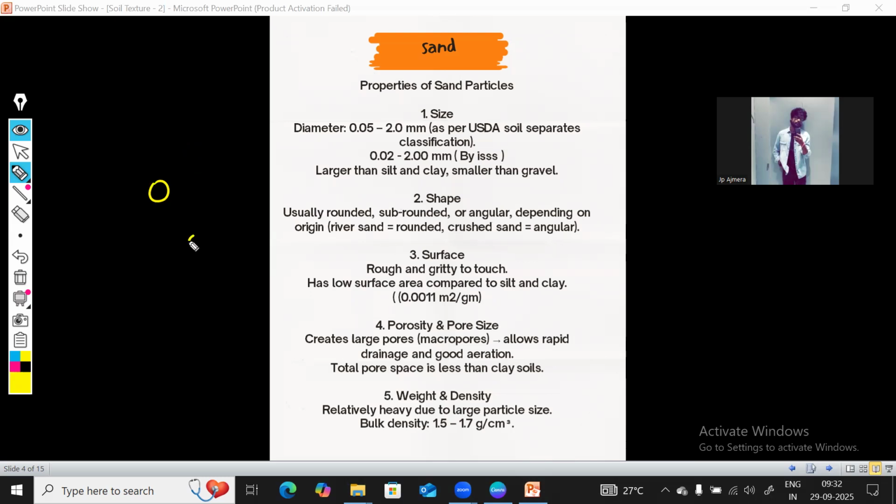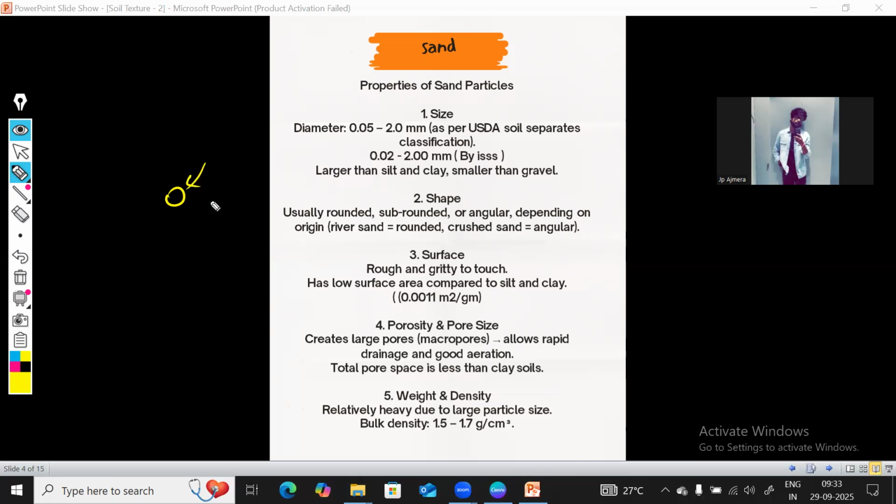It is like a bit sharp, or that is the rounded or sub-rounded. These are basics, I think you have an idea about it. So usually rounded in shape, and sub-rounded or angular depending on the position.